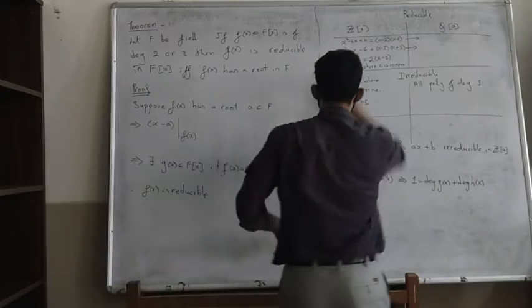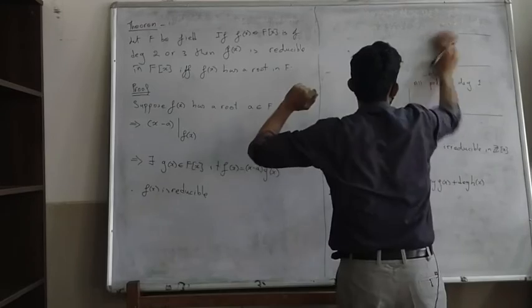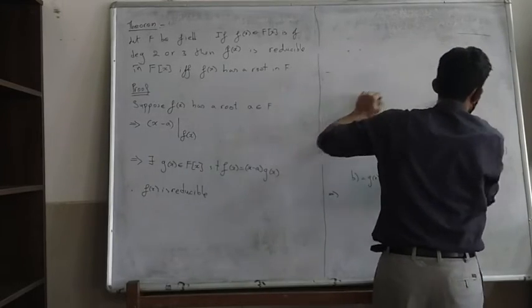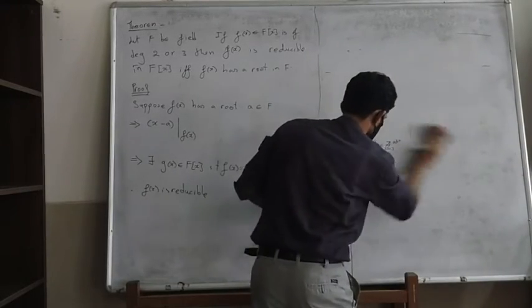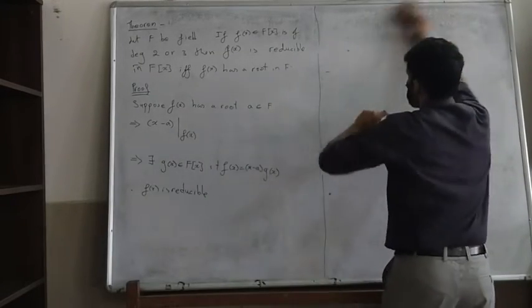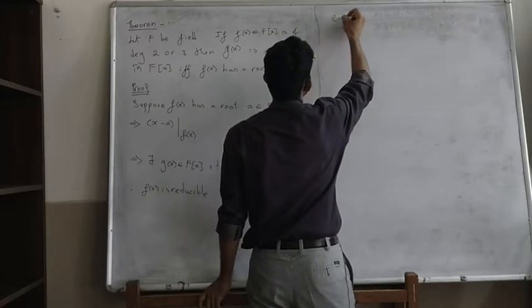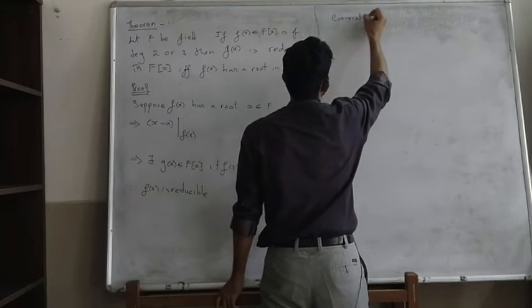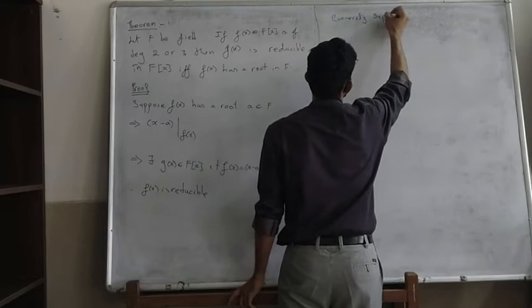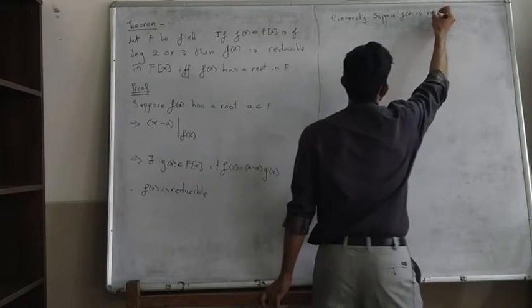The other side is also easy. It's just a basic observation, as we have said. So suppose f of x is reducible.